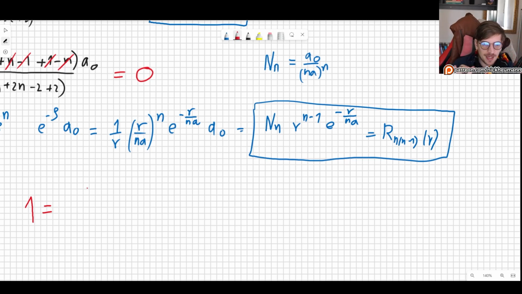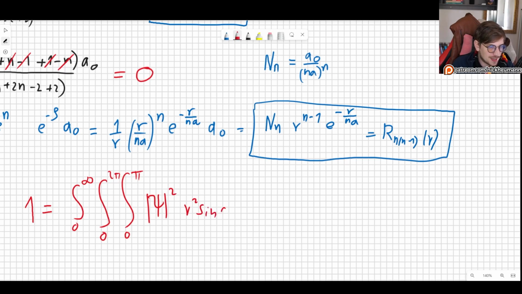Now, keep in mind, the wave function has to be separately normalized. So we are actually integrating from 0 to infinity, and also from 0 to 2 pi, from 0 to pi, and we are integrating our wave function squared, r squared, sine theta, d theta, d phi, dr.